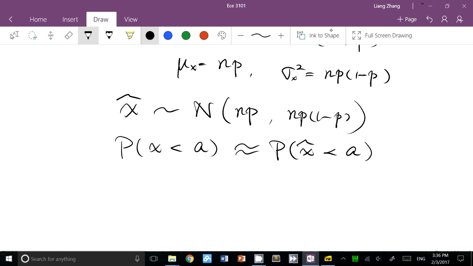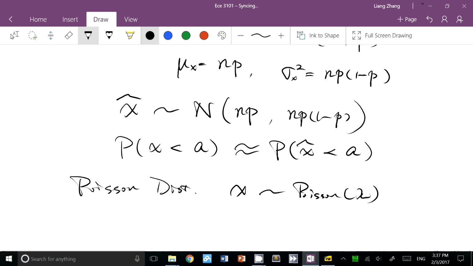For Poisson distribution, the same idea. Poisson distribution is only defined by one parameter, lambda. And as we know, lambda is the average number of successes for a Poisson random variable, and as a matter of fact, lambda is also the variance of a Poisson random variable.